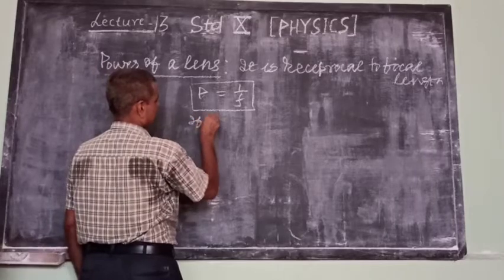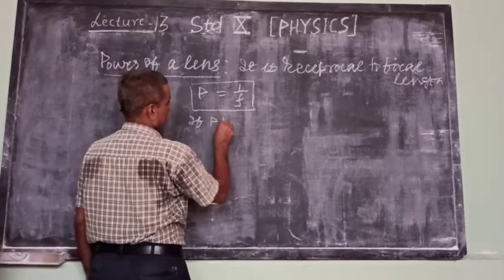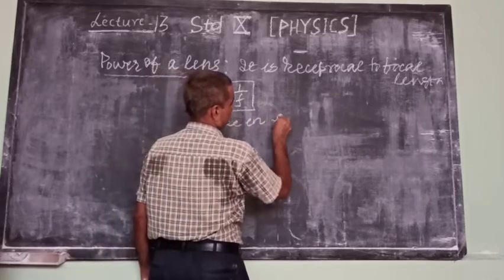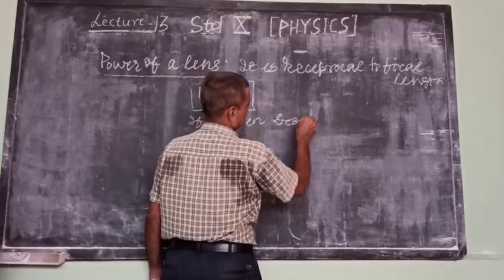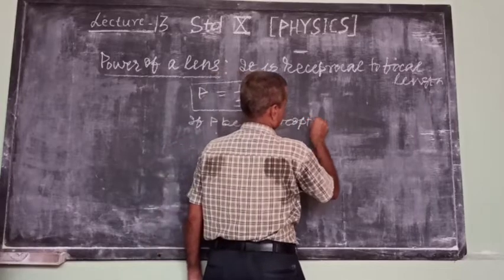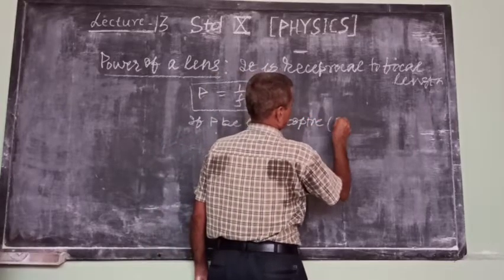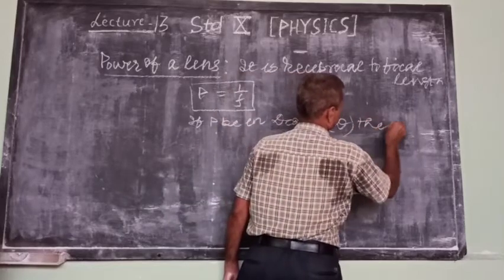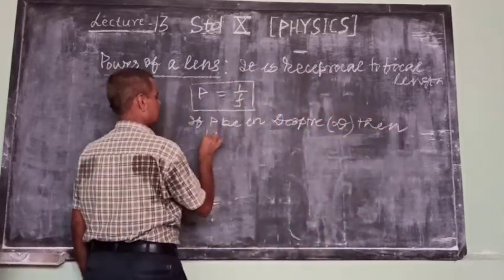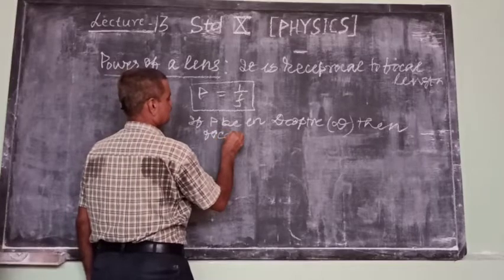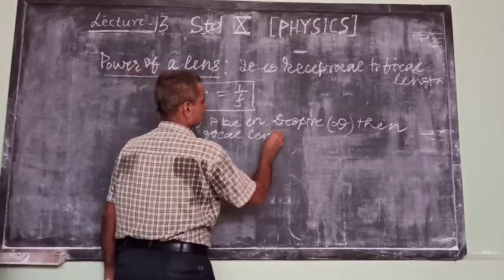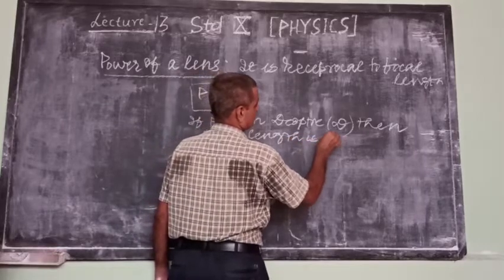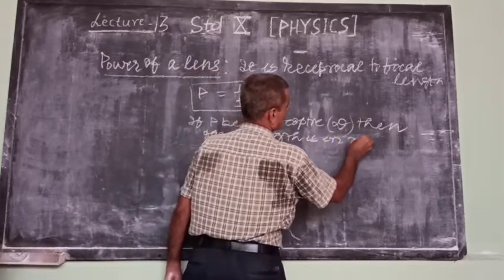If P is in diopter, it is denoted by capital D. Then focal length is in meter.